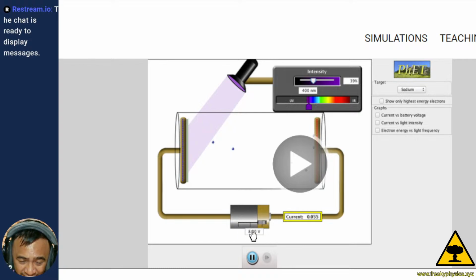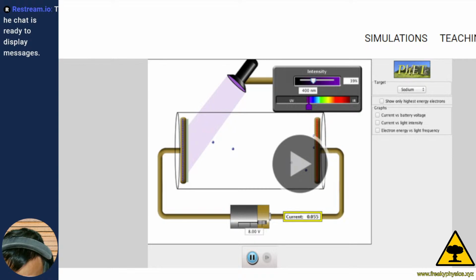If I keep it at 8 volts, it could be too much, and then I just get the reverse of the photoelectric effect, right? So that's what this is. Now, if we go back to the applied PD in the graph, that's exactly what it is. That applied PD on the graph is this battery in this setup.